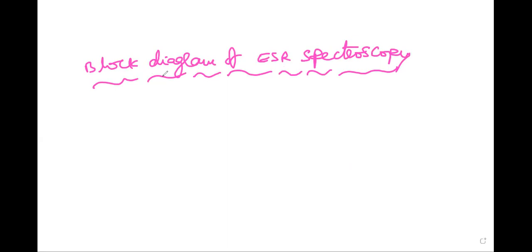So the basic components of X-band ESR spectroscopy are, one, an electromagnet capable of supplying a homogeneous magnetic field.